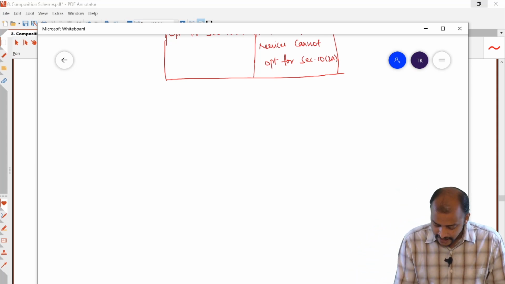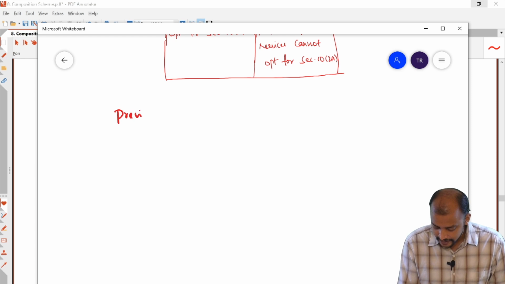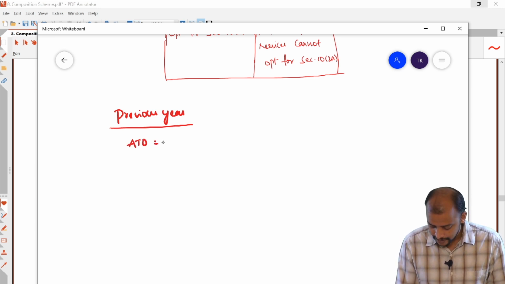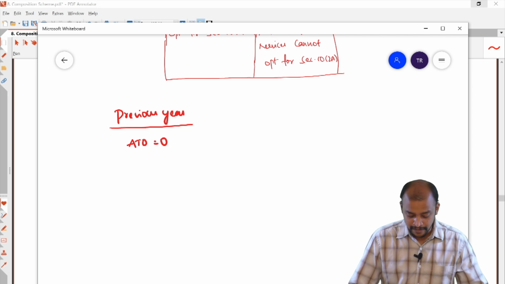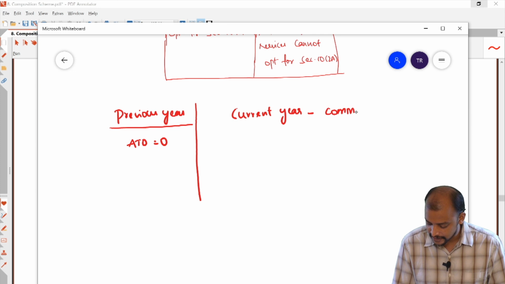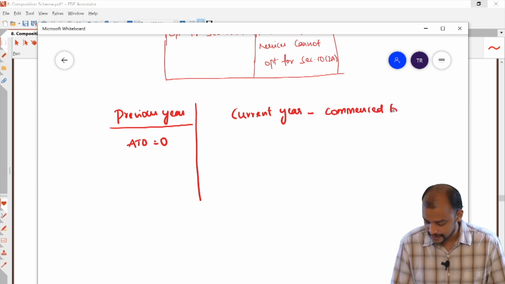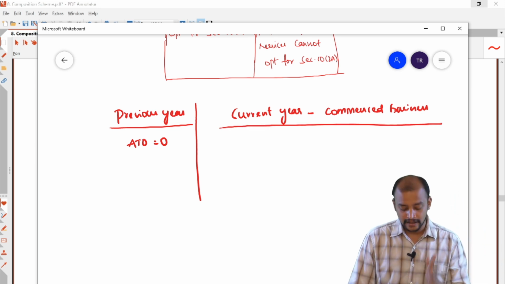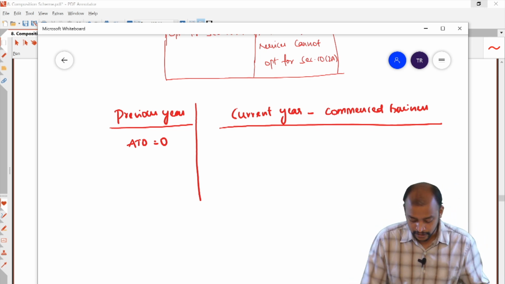See, previous year my aggregate turnover is 0, which means I have commenced business only during the current year. Now during the current year I have to see my aggregate turnover.